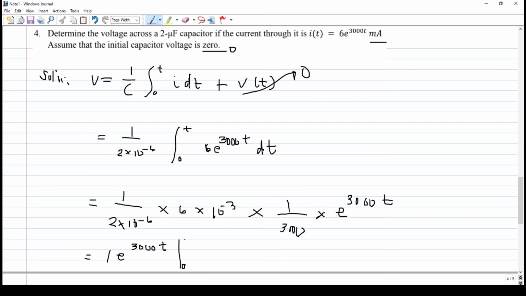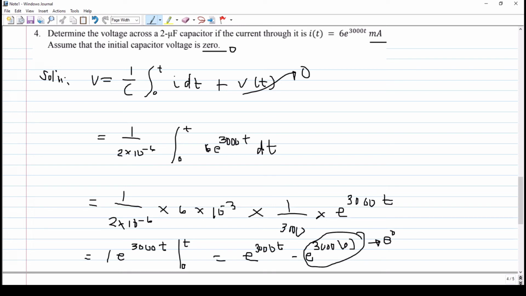From 0 to t. Okay, so substitute. e to the power 3000 t minus e to the power 3000 times 0. Okay, so take note, this is equivalent to e to the power 0, and that is equivalent to 1.